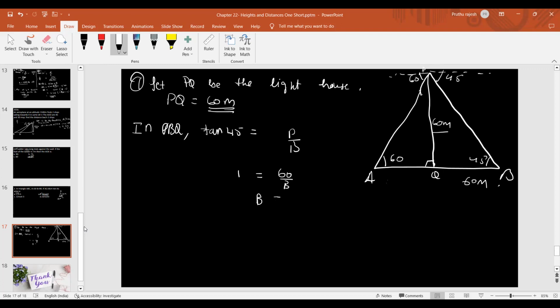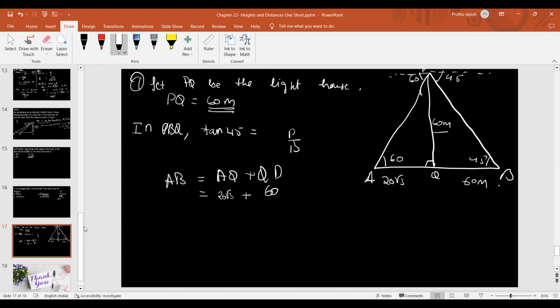We have to find AB, where AB is nothing but AQ plus QB. They have given the QB value, so 60 plus AQ. AQ we got as 20 root 3, remember?